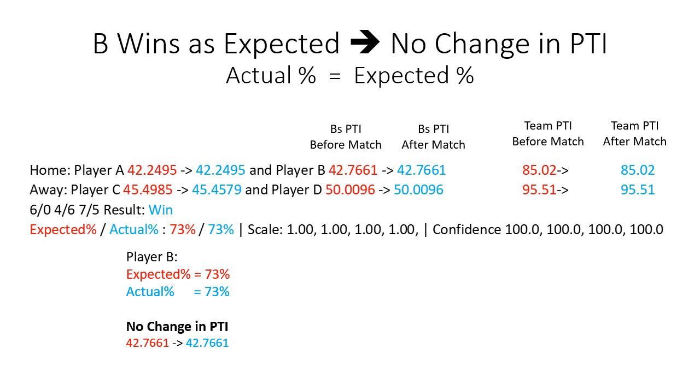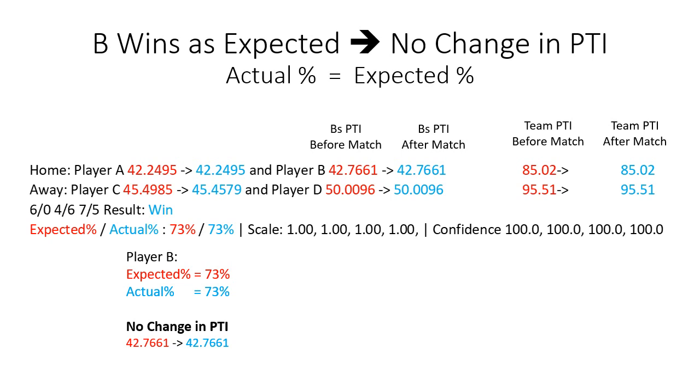Let's move to the line that shows the expected percent in red and actual percent in blue. Because the home team's combined PTI is 85.02, which is better than the away team's PTI of 95.51, the algorithm calculates an expected percent of 73%.